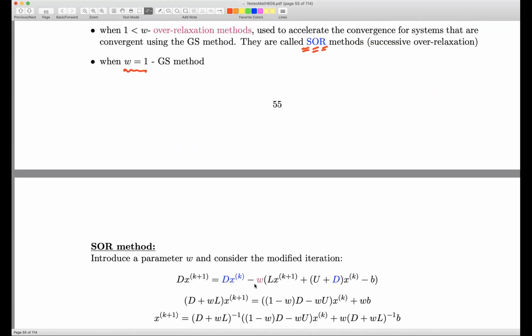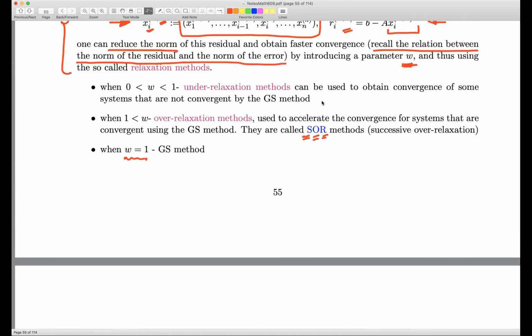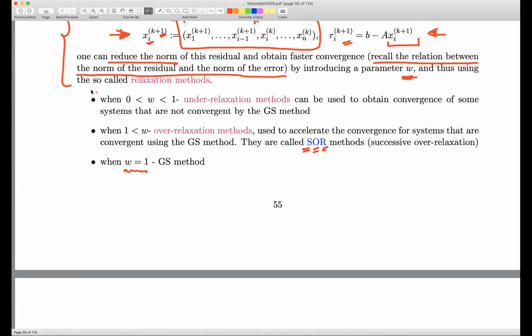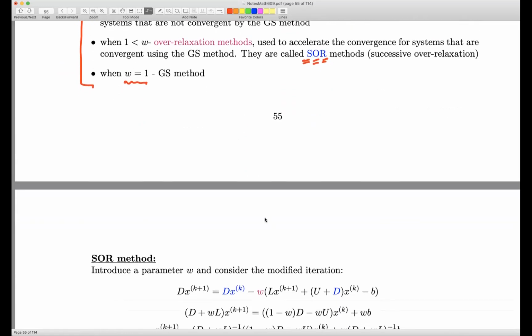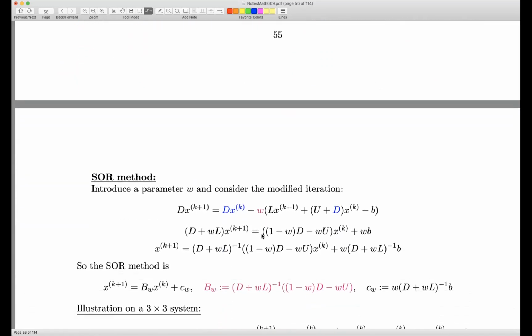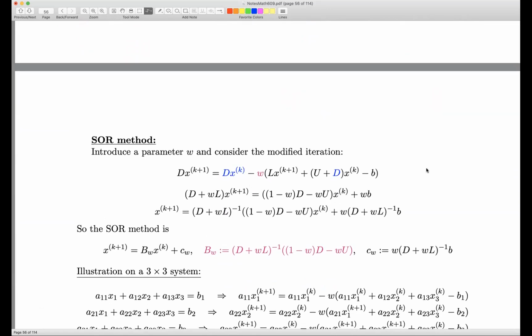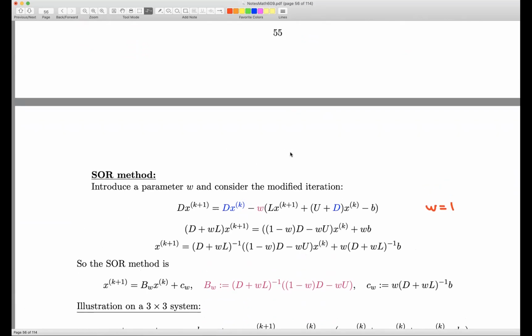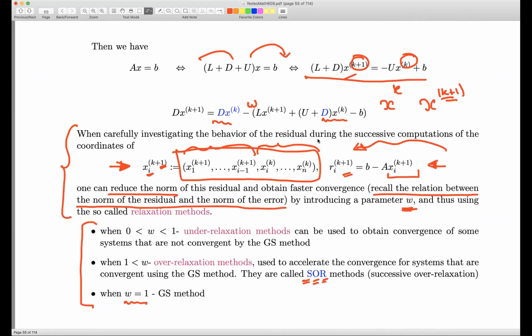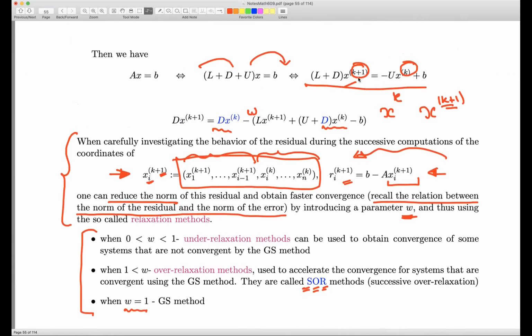And this is our parameter that we were talking about when we discussed the successive over-relaxation, or the SOR method. So you see that when omega is equal to 1, we can go back to crossing the D, and this method was exactly the Gauss-Seidel method.